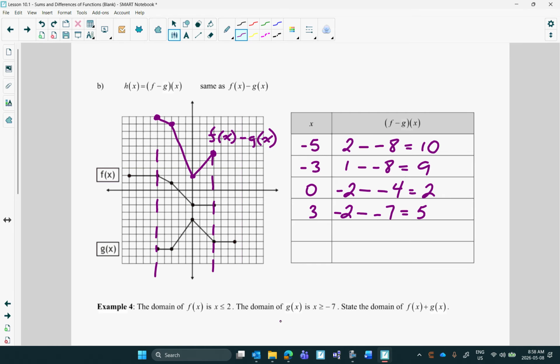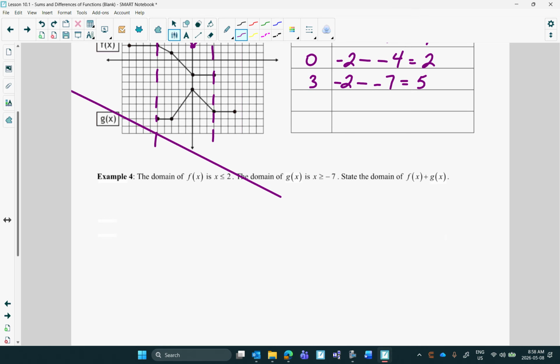And then the final example. Notice these are given in set notation. So the domain of f of x is everything less than 2. The domain of g of x is everything greater than -7. What's the domain of their combined by addition? Right, because if you think of f of x, it starts at 2 and goes like that.